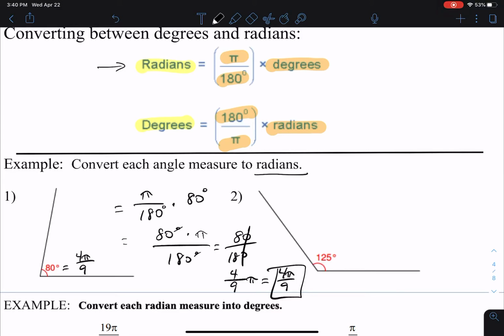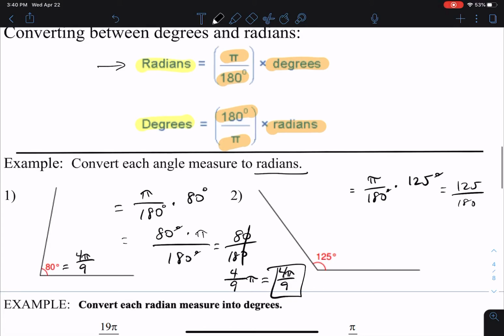Now 125. I'm going to use the same thing: pi over 180 times 125 degrees. Degrees cancel out, and then you have 125 over 180 times pi. Reduce that fraction.